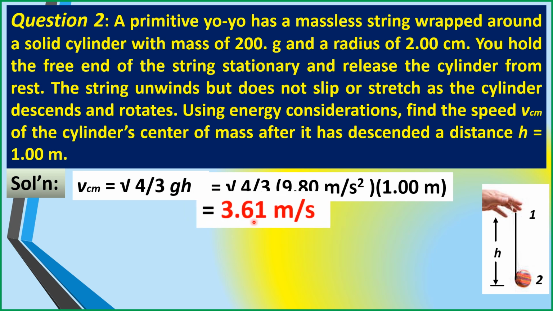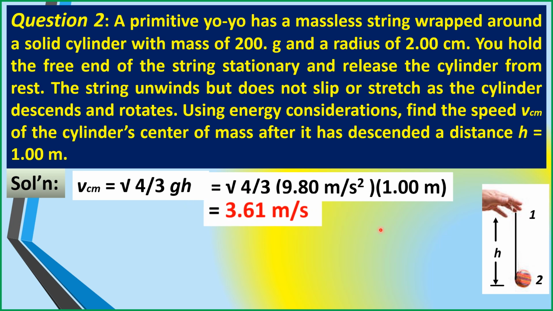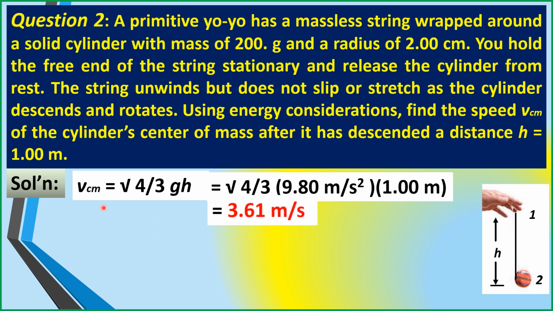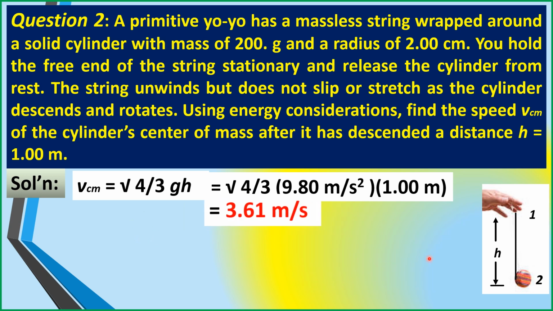As a consequence, the value for the translational kinetic energy will not be equal to the original gravitational potential energy. Hence, the corresponding final speed, in this case the speed of the center of mass of the yo-yo, is lower than what we expect if the yo-yo behaved like a freely falling body.